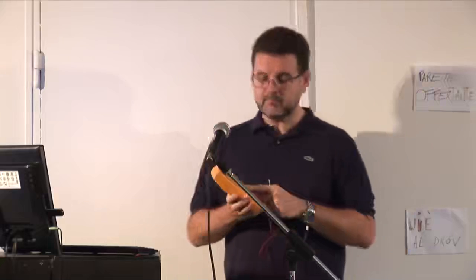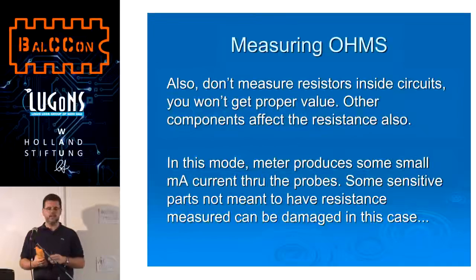How does this thing work? Well, in essence, every multimeter is just a voltmeter, and everything else is converted from resistance, current, AC voltage to DC voltage, and then measured. How do you measure these resistors?